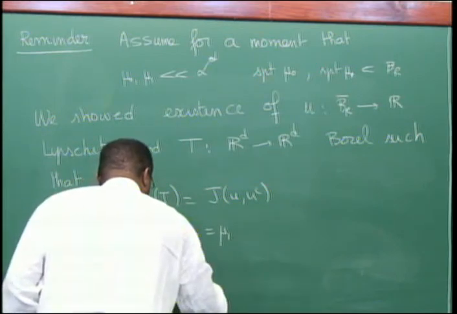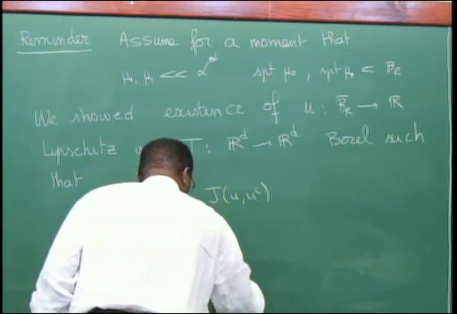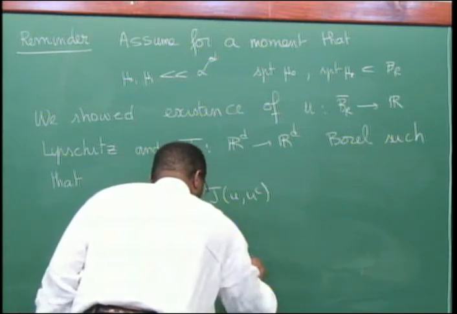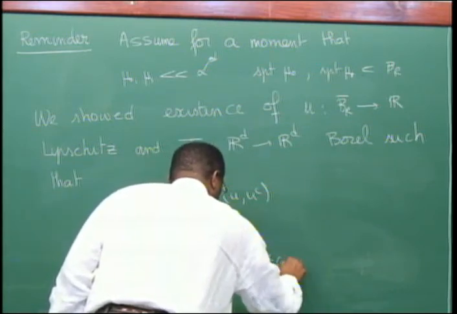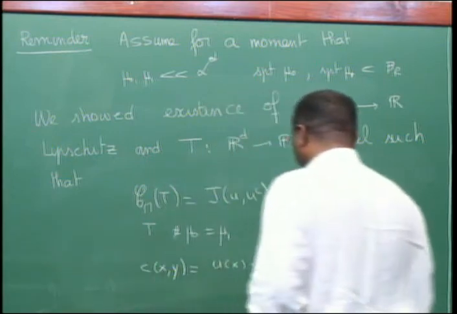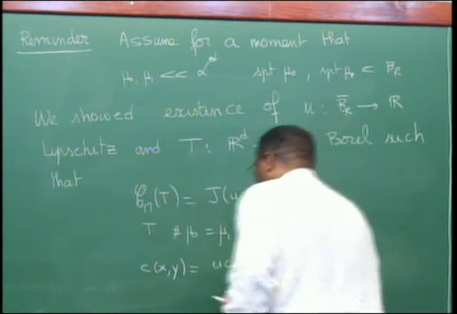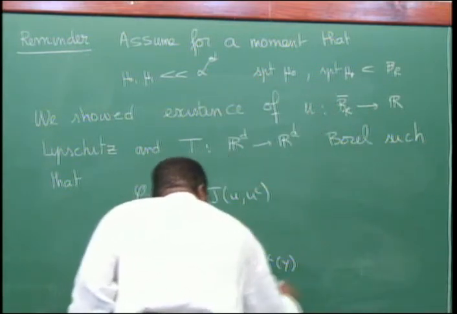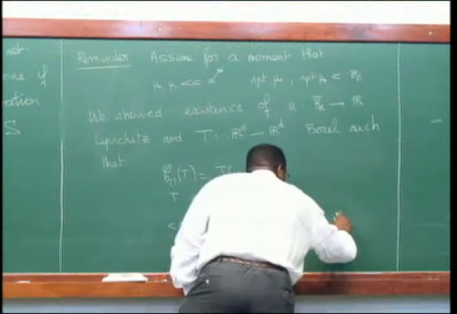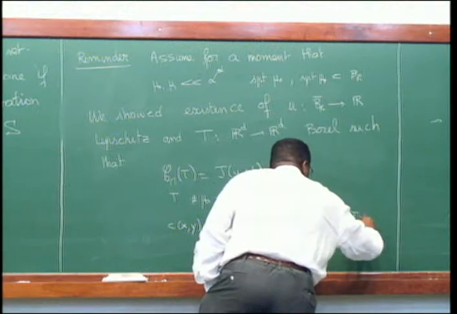c of x, y equals u of x plus u^c of y if y equals T of x.